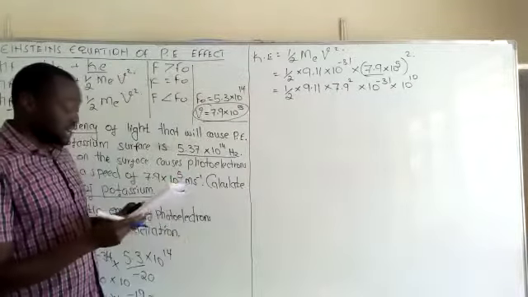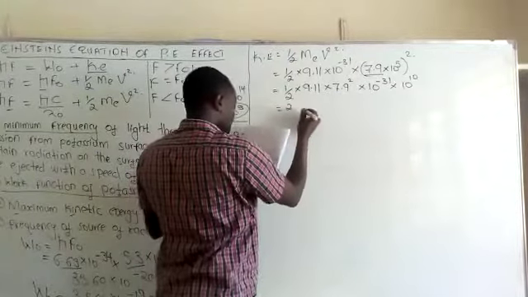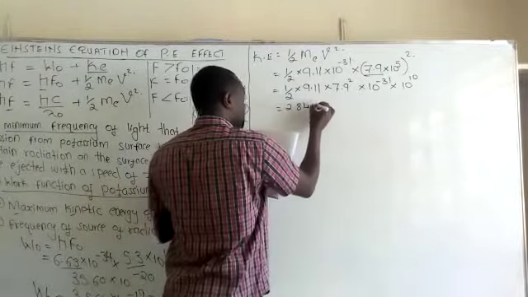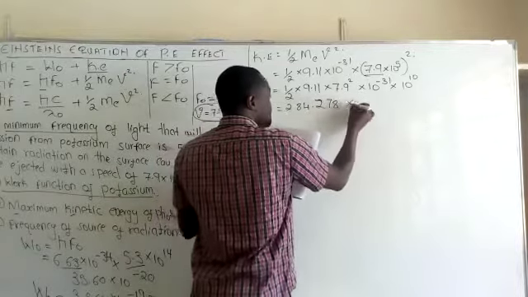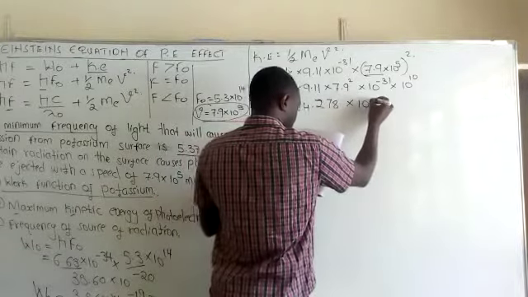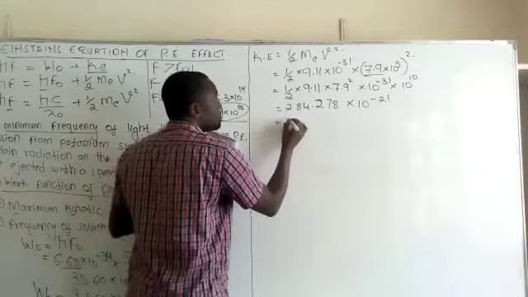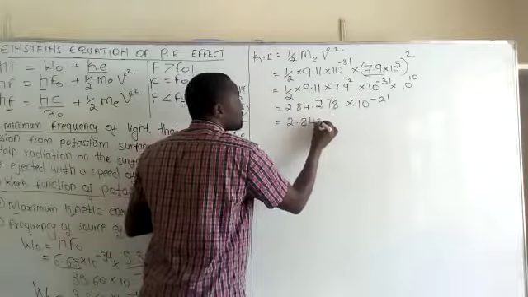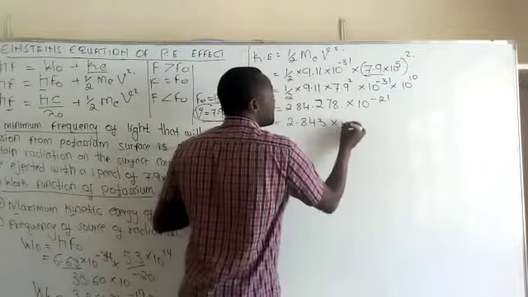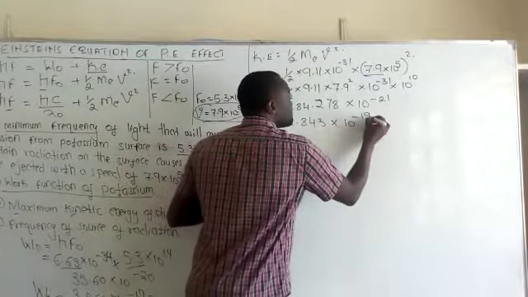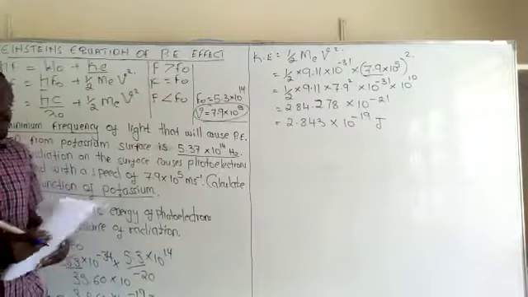On simplifying that, this gives us 284.278 times 10 to the power negative 21. In standard form, to 4 significant figures, 2.843 multiplied by 10 to the power negative 19 joules, still kinetic energy.